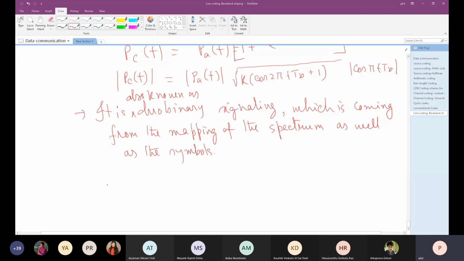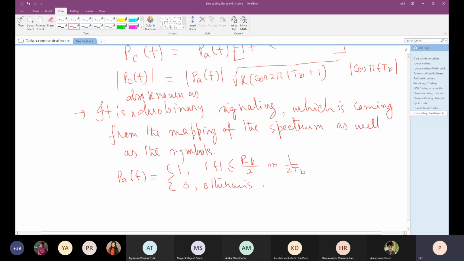For example, we had that PAF equal to 1 for mod f less than or equal to, say, RB by 2, or 1 by 2 TB, 0 otherwise.